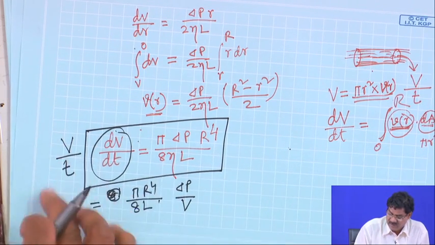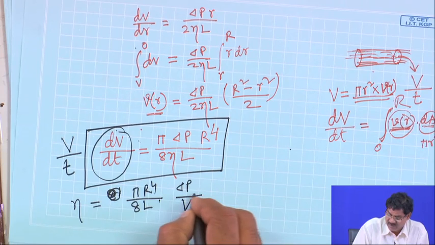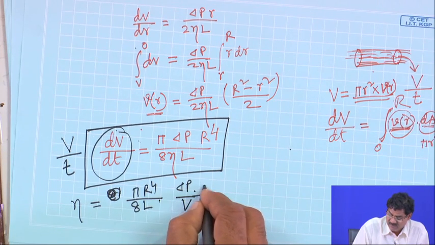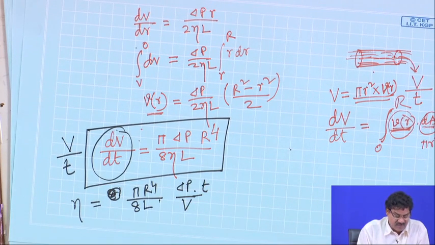T will cancel with T. So, that will be the formula for this.